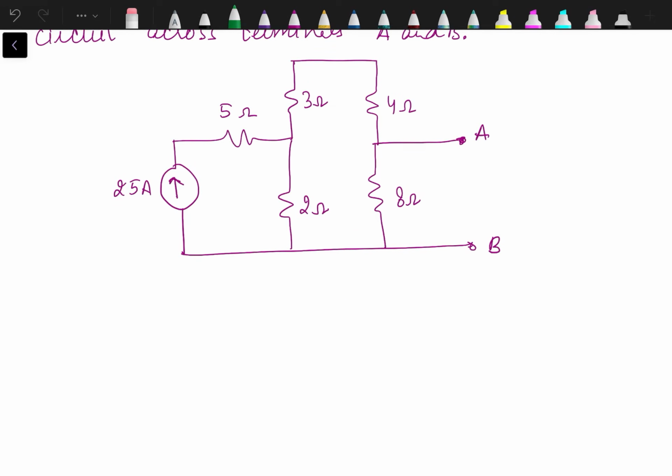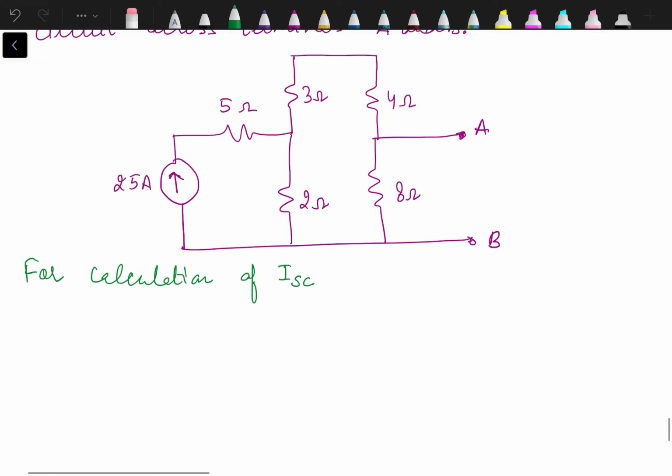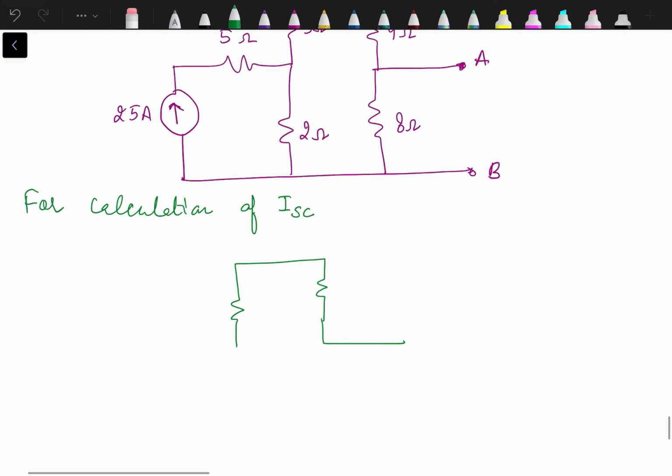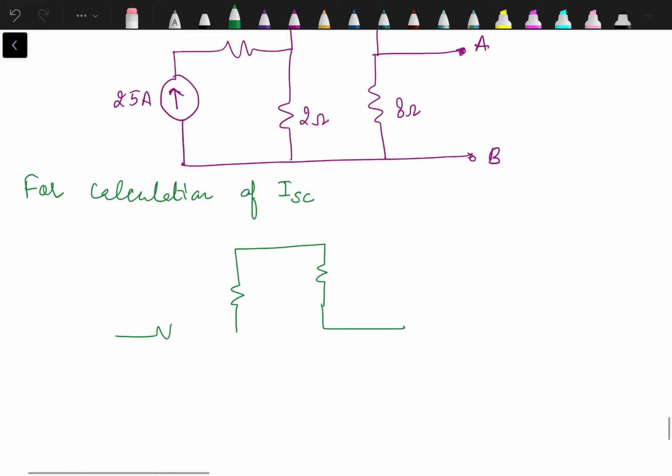First part is the calculation of ISC. For calculating ISC, we have to short circuit the load terminals.